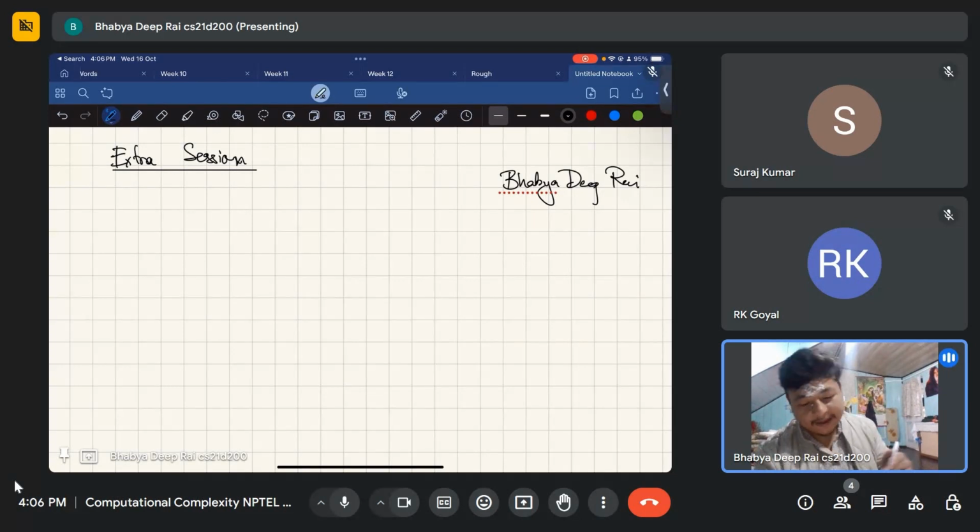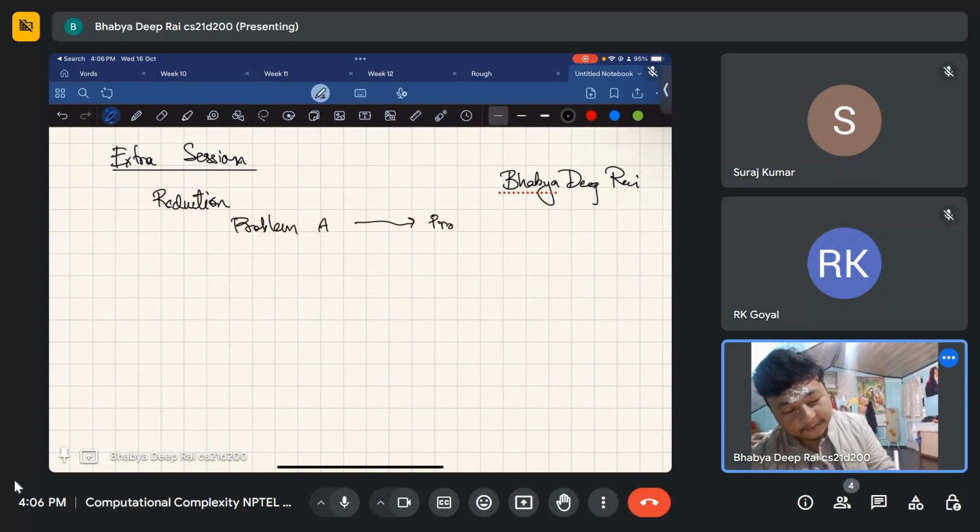What is a reduction? A reduction is a way to transform a problem A to a problem B. And what is the general idea? How do we show hardness?